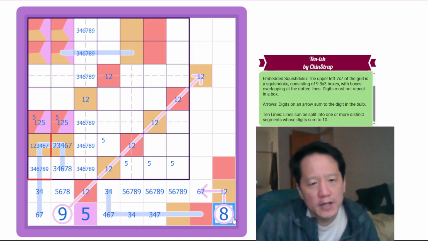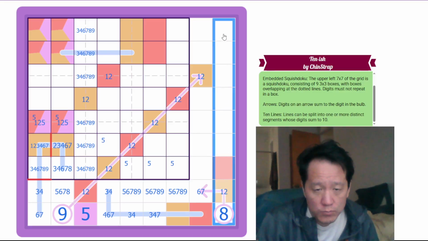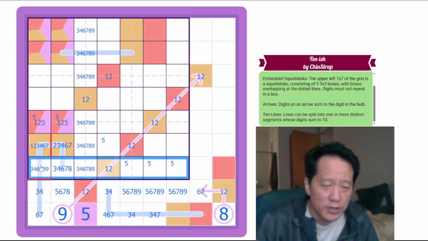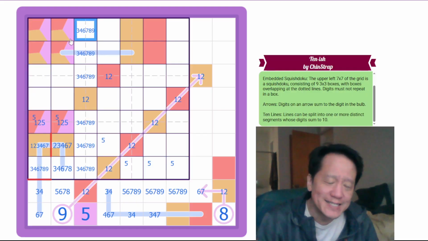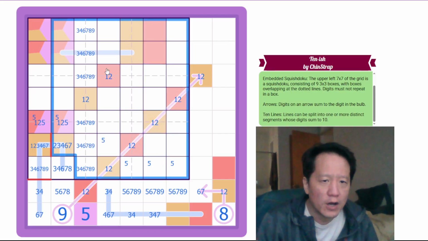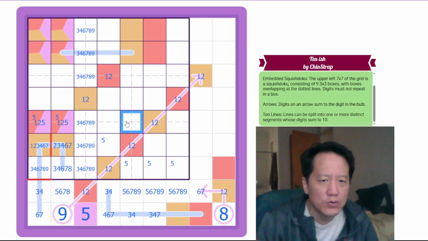Right, so you have an 8 here, which means you're missing 1 8 in the Squish Doku here, which means you have to have 6 8s somewhere in the Squish Doku. Well, that means 8 can never be in the corner. And then you have also the orange and red, right?